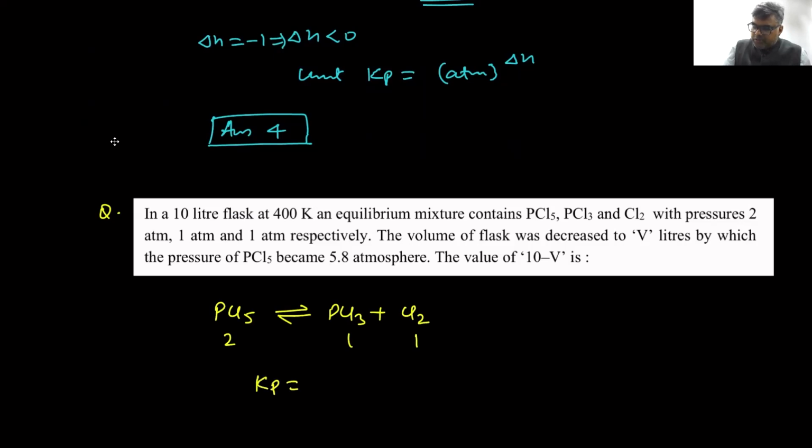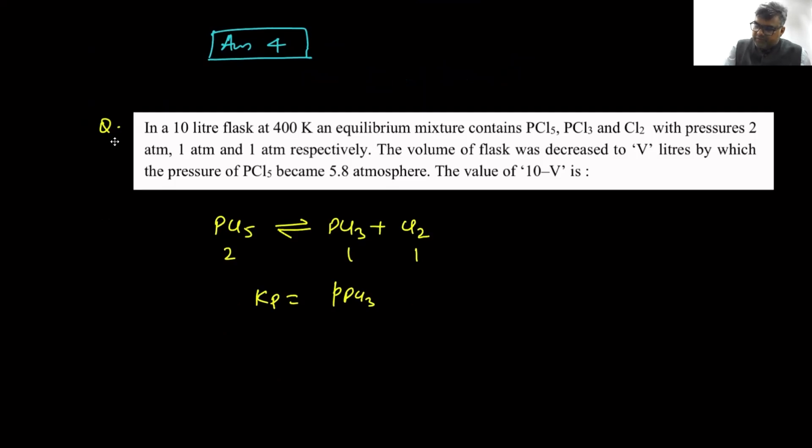So I can write Kp is equal to partial pressure of PCl3 into partial pressure of Cl2 upon partial pressure of PCl5. So with this, I can easily write that Kp will be equal to 0.5. 1 into 1 by 2 is 0.5.